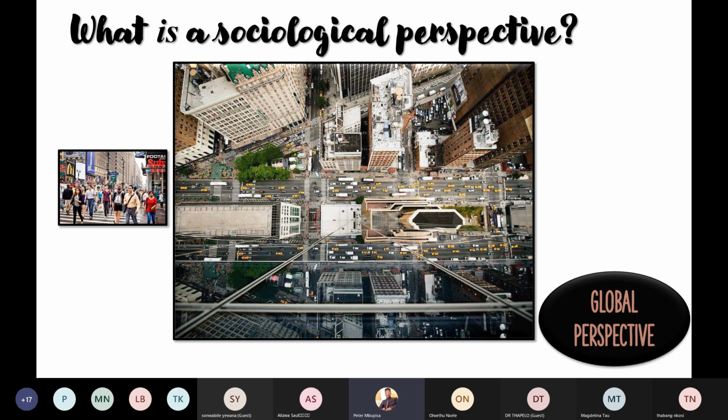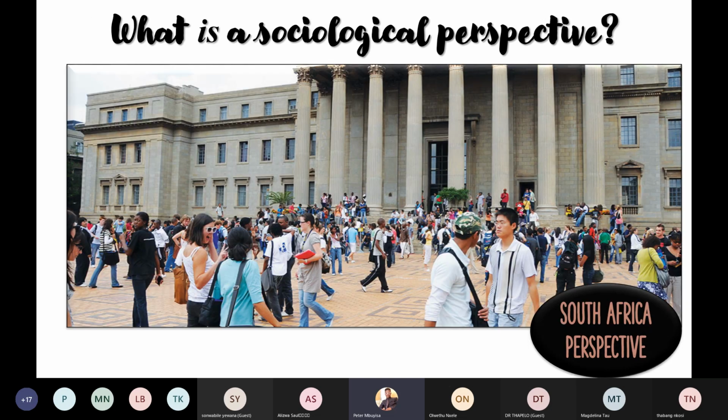And we came back home and we looked at Wits University as an example. So we analyzed this picture and we asked you, what do you think the lady in a black t-shirt is doing, or the guy in a black tracksuit? Some said they're probably late for class, some said probably after school.